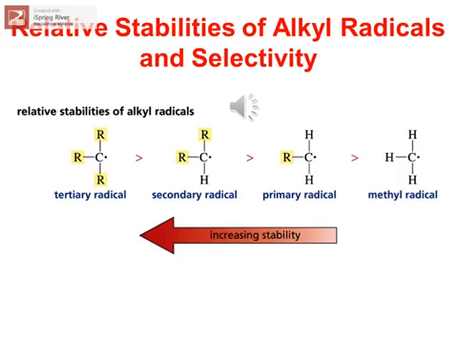Why is 2-chlorobutane found in higher yield than 1-chlorobutane? The answer to this question is hidden in the relative stability of alkyl radicals.